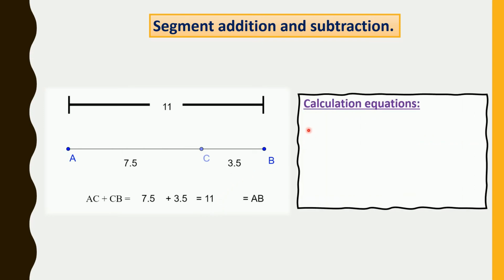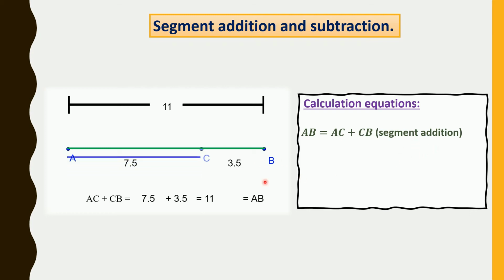Now let's write the calculation equations. AB is equal to AC plus CB, segment addition. Now if I want to calculate segment AC, from segment AB I need to remove the part or the segment CB.